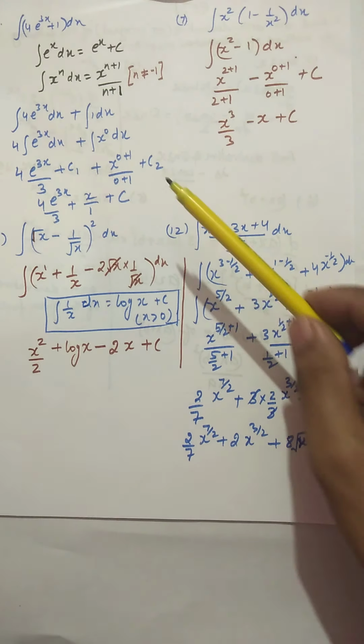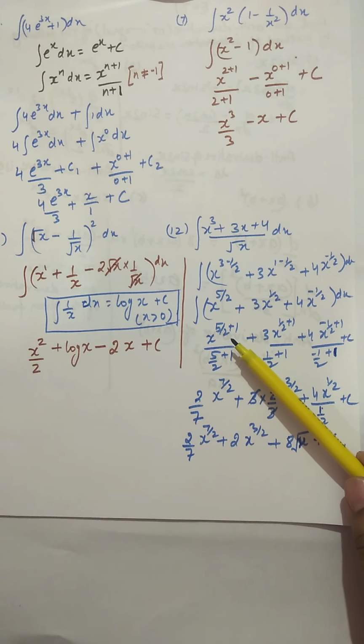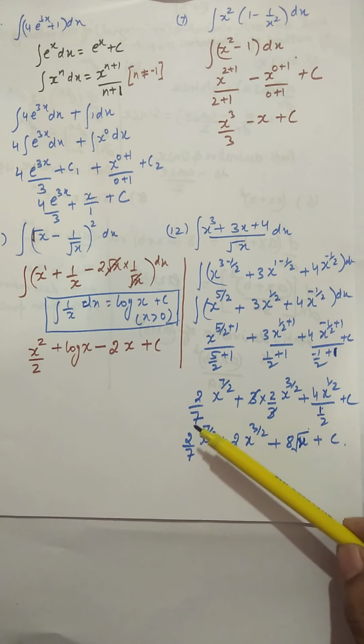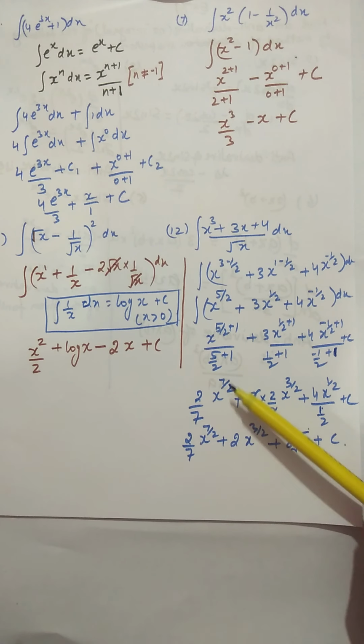So apply the power rule, and this becomes x^(5/2 plus 1) upon 5/2 plus 1. This becomes 3x^(1/2 plus 1) upon 1/2 plus 1. 4x^(-1/2 plus 1) upon minus 1/2 plus 1, plus c. So this is 2/7, you can simplify, this is 7/2, so you take the reciprocal, then 2/7 x^(7/2).